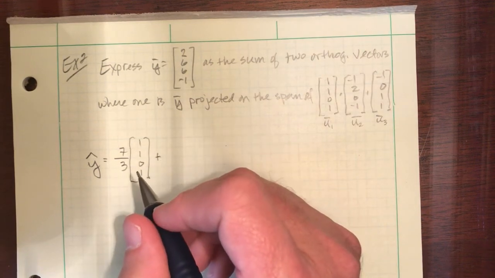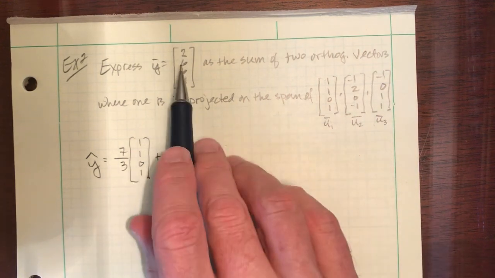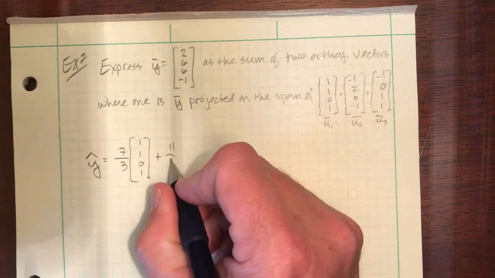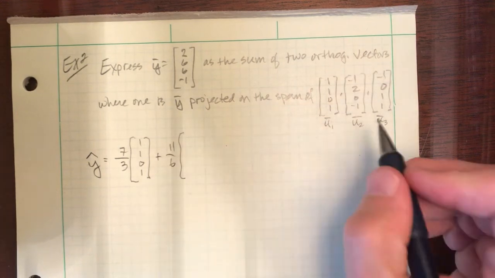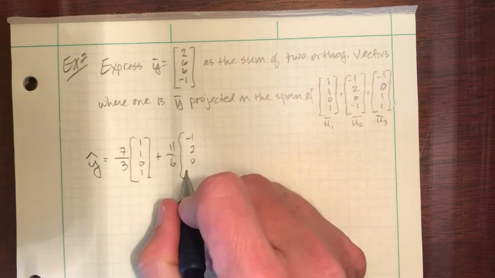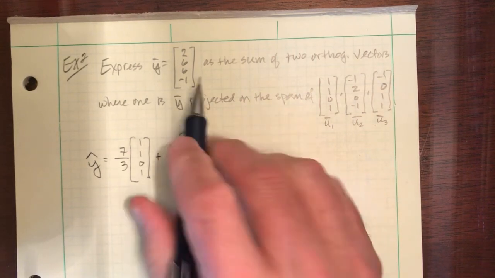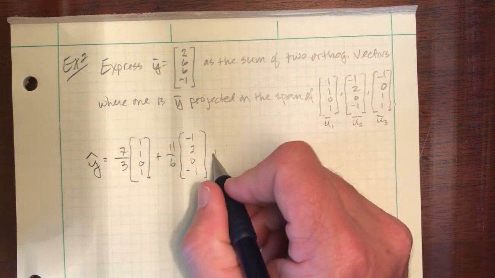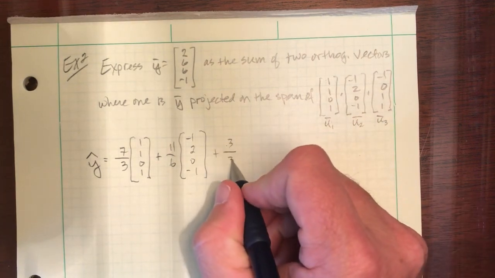So I'll speed this up. If I dot y with u2, we end up getting the scalar 11 sixths times u2. And then finally, y dotted with u3, we'd end up with 3 over 3.